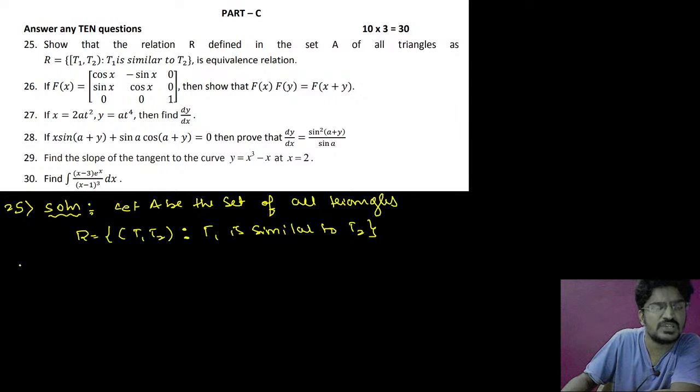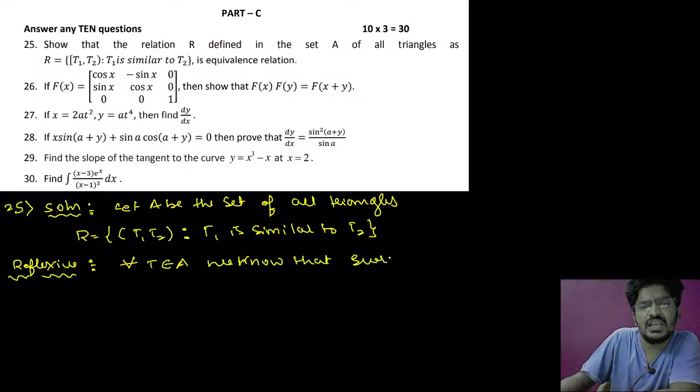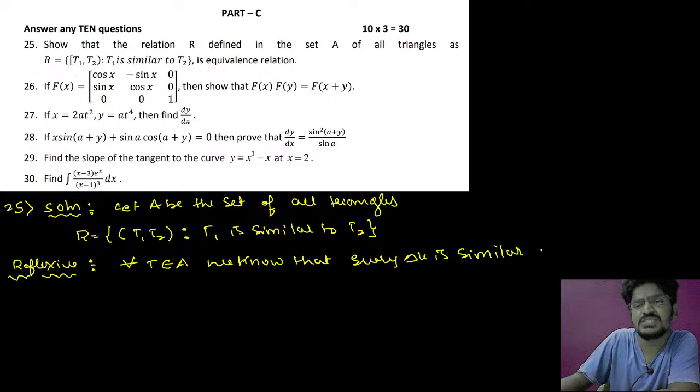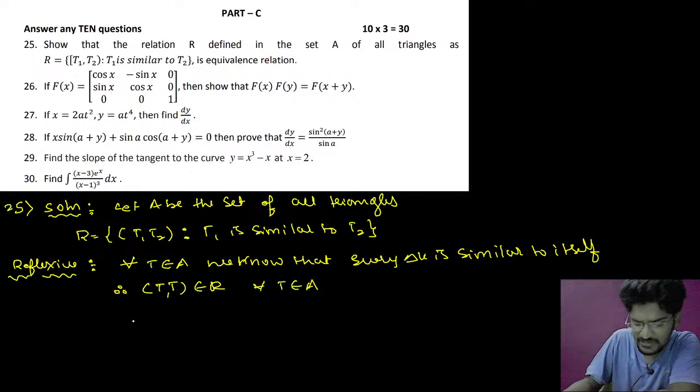So first we have to show reflexive. For reflexive, we know that for every T belonging to set A, every triangle is similar to itself. Therefore the ordered pair (T, T) belongs to R for every T belonging to A. So therefore it is reflexive.